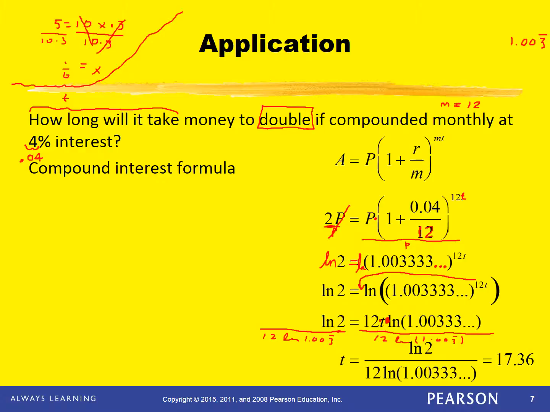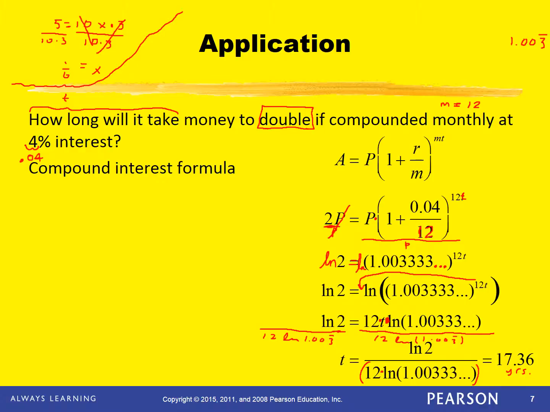Now we go to the calculator, and we have to make sure that we put parentheses around the denominator so we avoid an order of operations error. It's a good practice always to put parentheses around top and bottom when we're going to the calculator. We get a number, 17.36. So it will take 17.36 years.